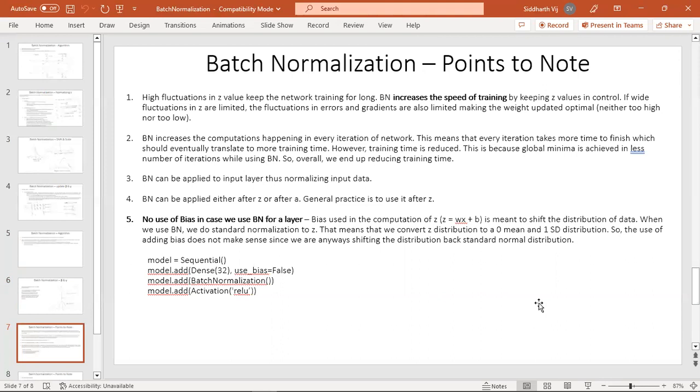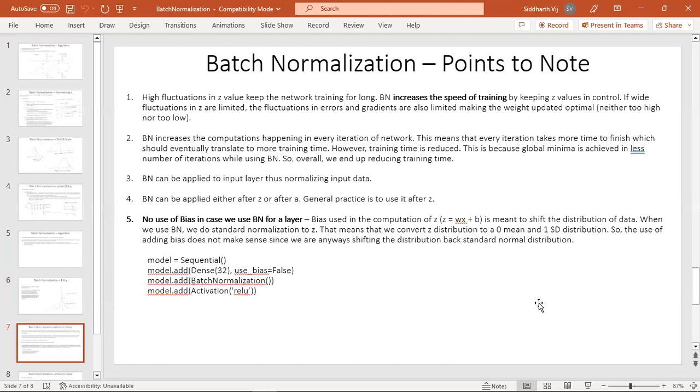When you have Z values really high and really low flowing into the network, the time required to achieve the global minima will be very high. But when you try to keep Z values within a range or in a controlled fashion, they may not be completely standard normalized because we are using beta and gamma, but still they will be within a limit. They will not be widely varying for every iteration.